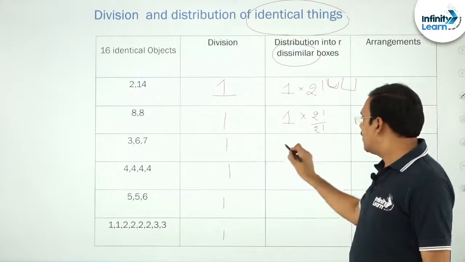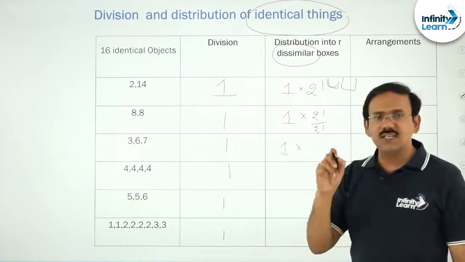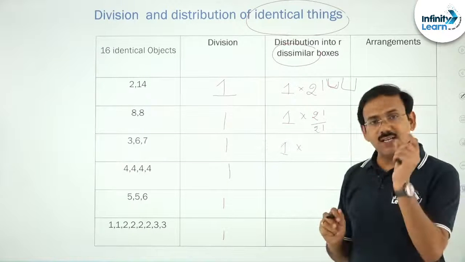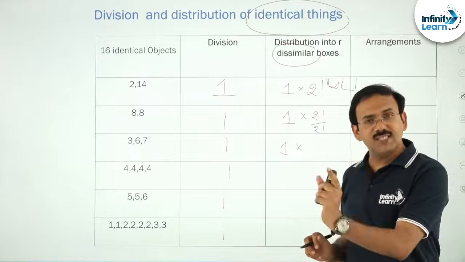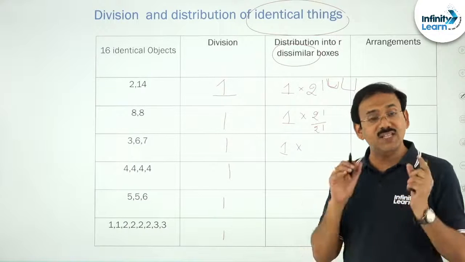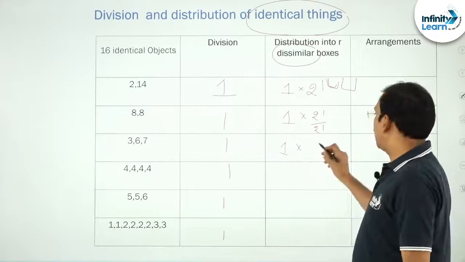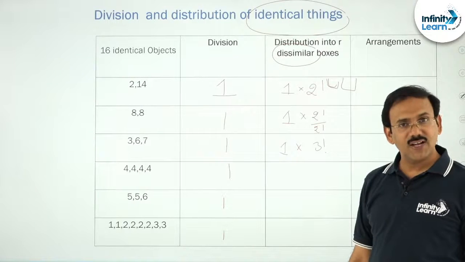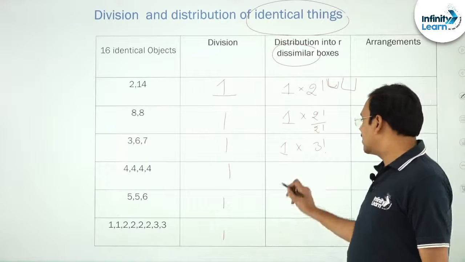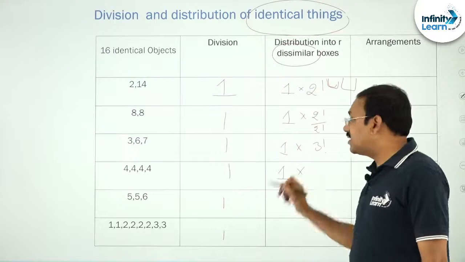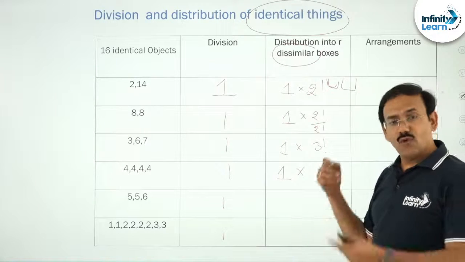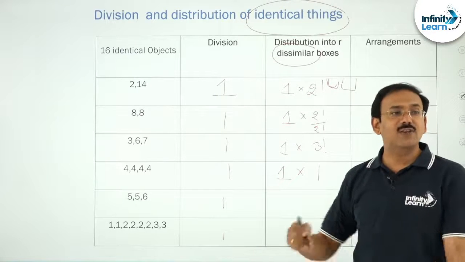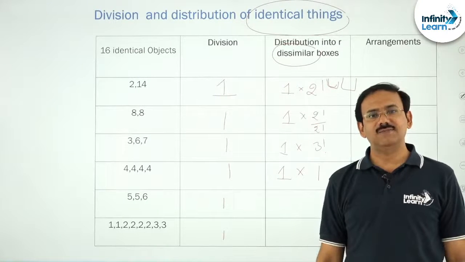Next, here the division is one way. 3, 6, 7 items are there. Even though they are identical, 3 A's in one group, 6 A's in one group, 7 A's in one group, means 3 different items into 3 boxes. 3 factorial is the number of ways of distribution, right? Now 4 A's: division is one way, and distribution into 4 different boxes, but the items are the same, only one way, or 4 factorial by 4 factorial I need to write.